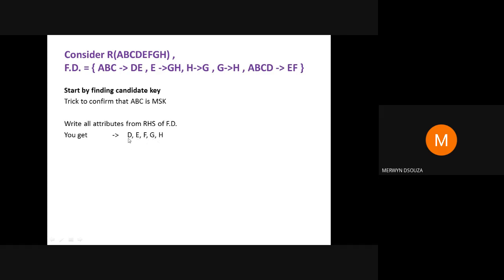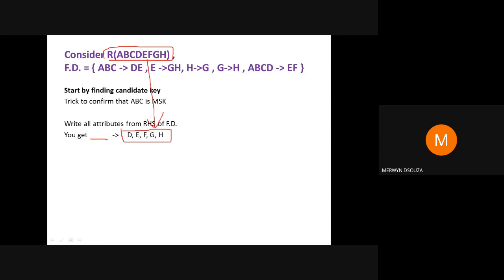Now, for something to be a super key, all the attributes of R should be present here on the right hand side. That is the definition of the super key.